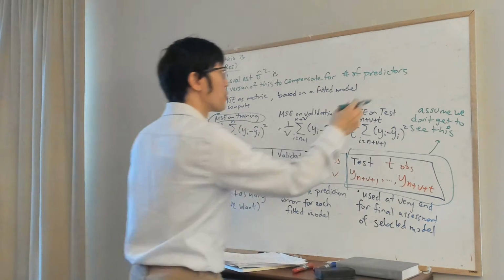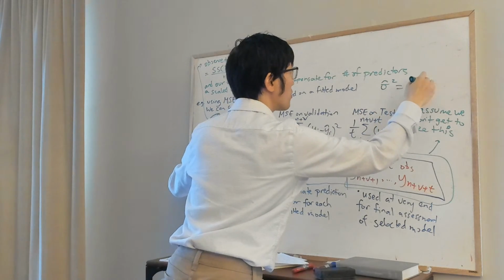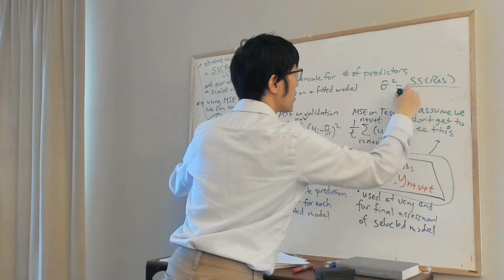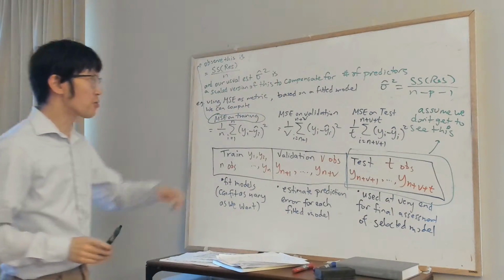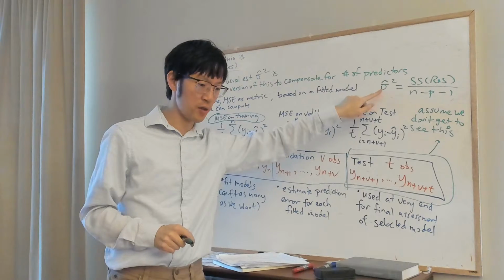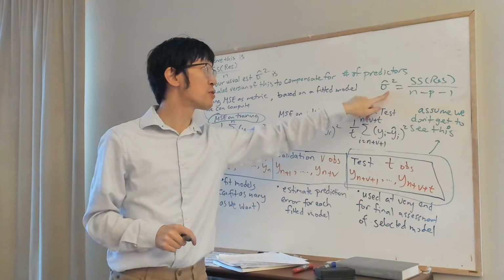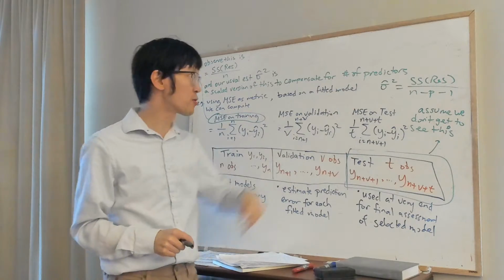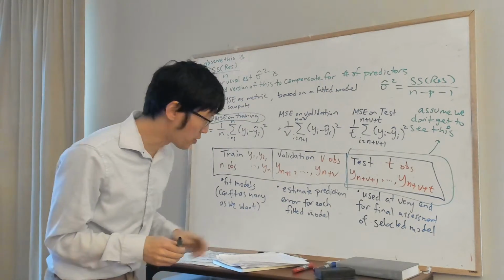Specifically, remember sigma squared hat is sum of squares residual divided by n minus p minus 1. The reason we did that is because this is what gives us an unbiased estimate: the expectation of sigma squared hat is sigma squared. But these quantities are very much related.